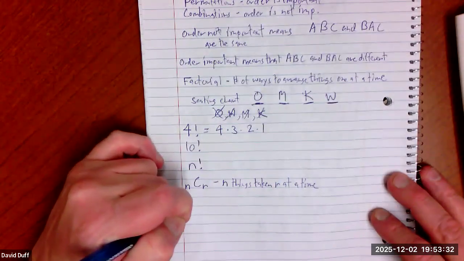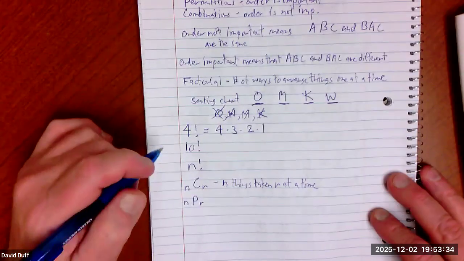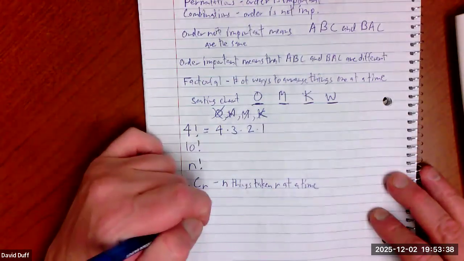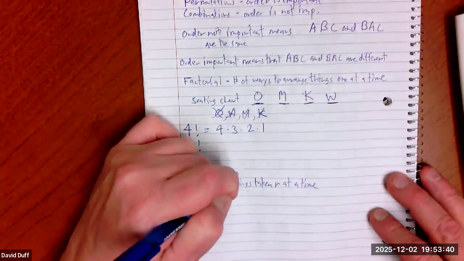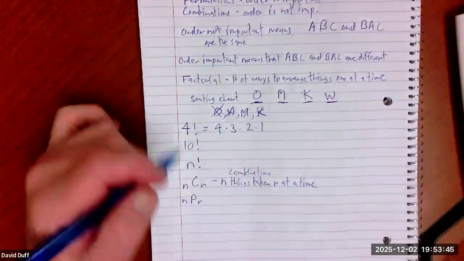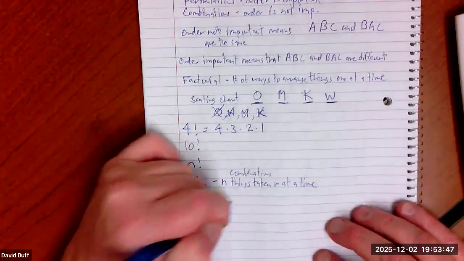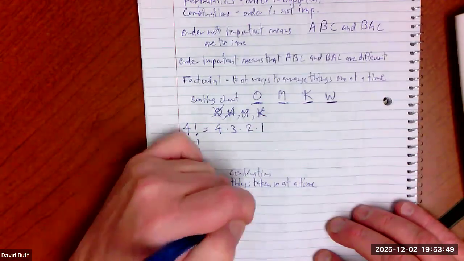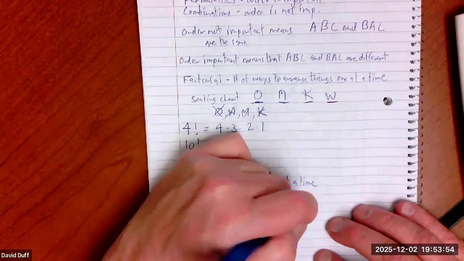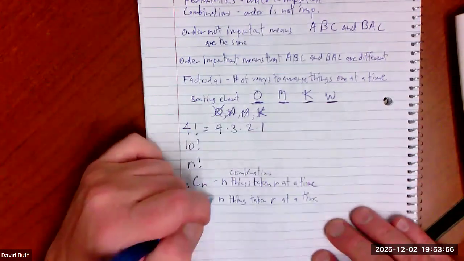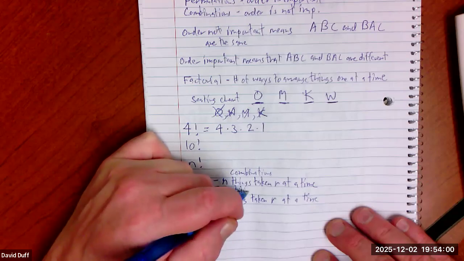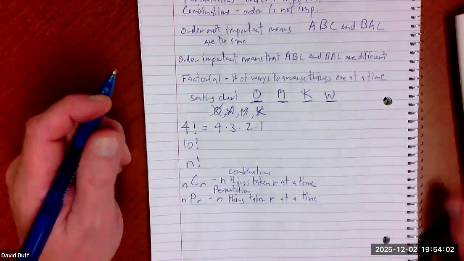This is combinations, so order is not important. And then we're going to see NPR, which is also n things taken R at a time, and this is permutations.